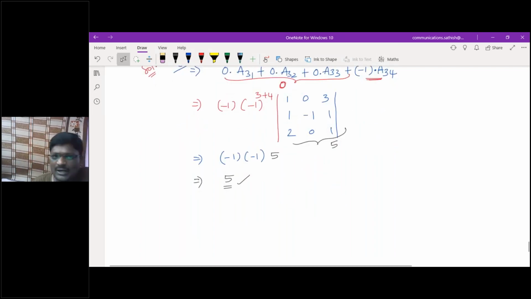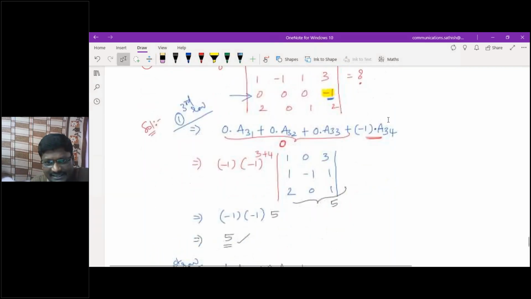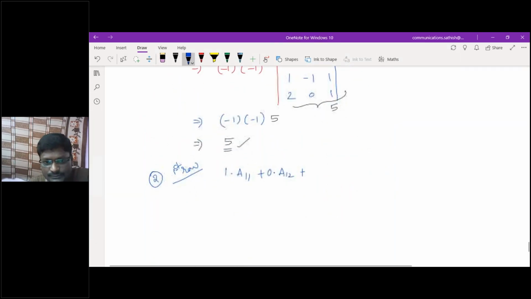Next, someone may ask, sir, if I'm not going with the third row, and I go with the first row, so go with the first row. This is the second case. In this, I told you what? 1 into A11 plus 0 into A12 plus 3 into A13 plus 0 into A14.